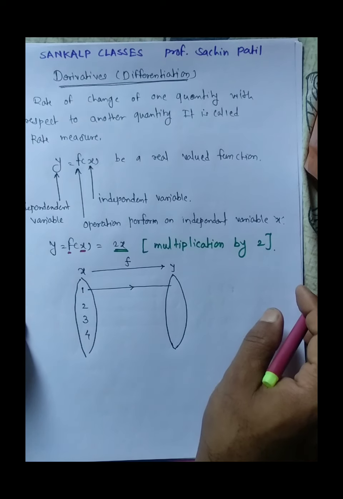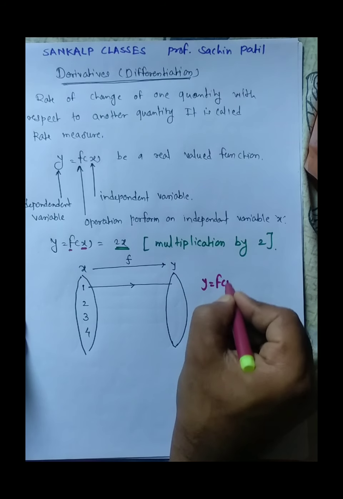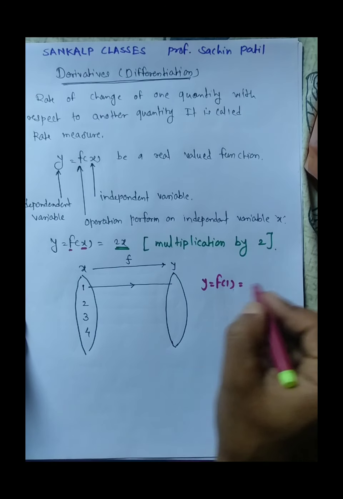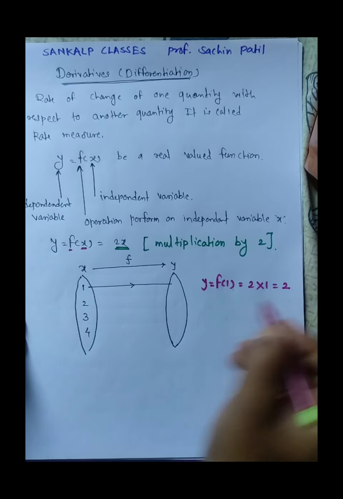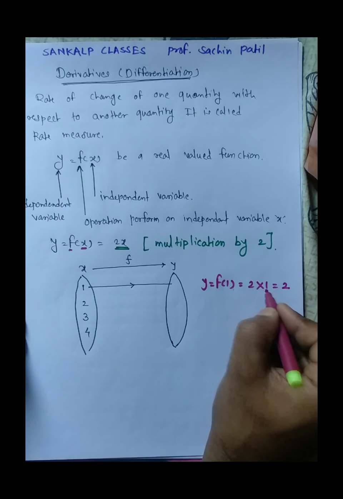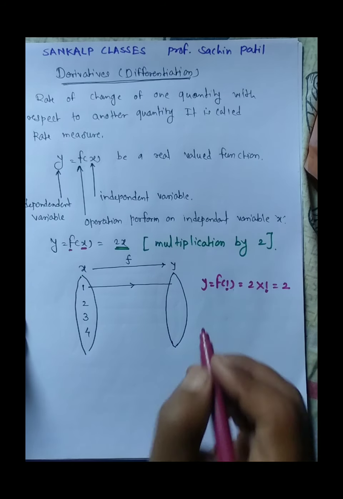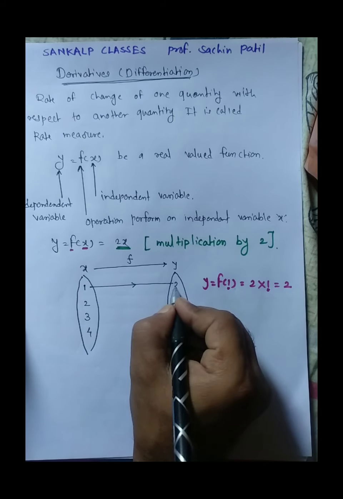y is equal to f of 1. That means you will get the value of y as 2 into 1, which is equal to 2. That means you put the value of x equal to 1 inside the function, and you will get y equal to 2.